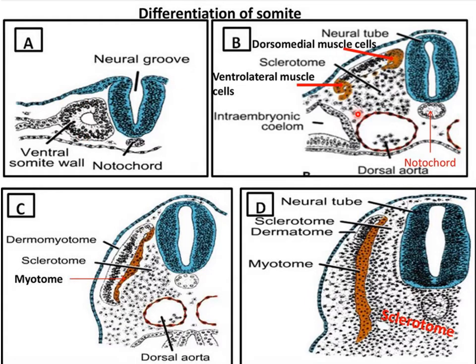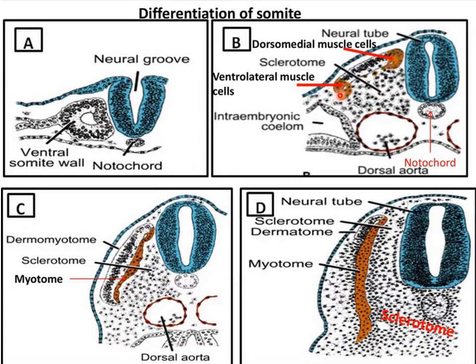In B, the somite has further differentiated into the sclerotome, and we have the dermomyotome, which has the dermatome part, dorsomedial muscle cells, and ventrolateral muscle cells. In C, further differentiation occurs into sclerotome and myotome.